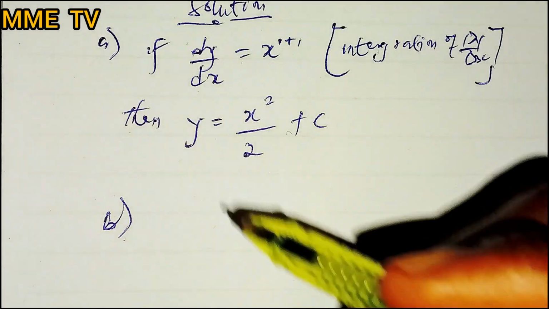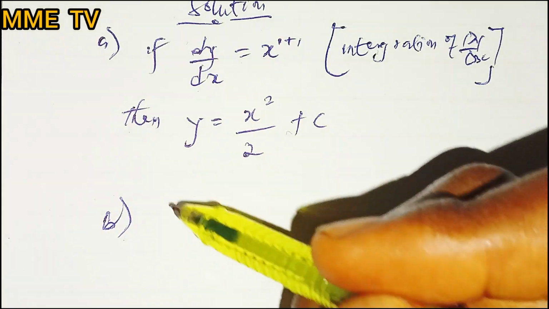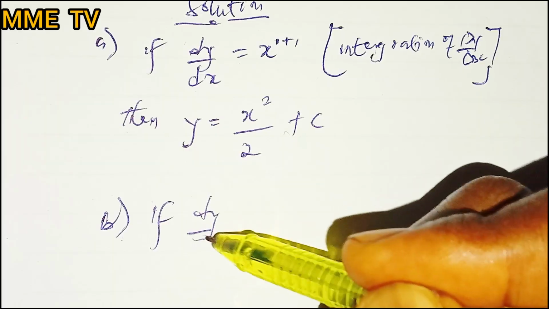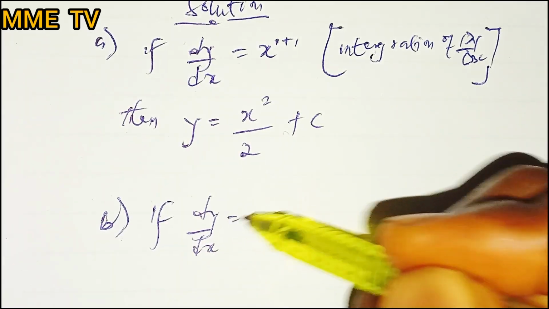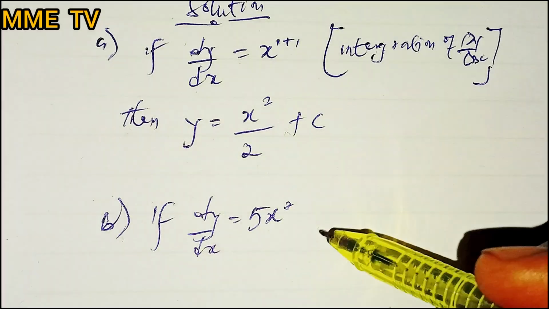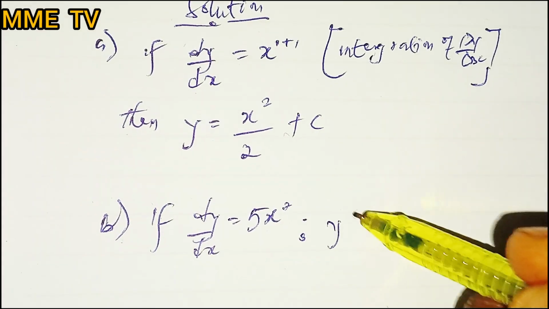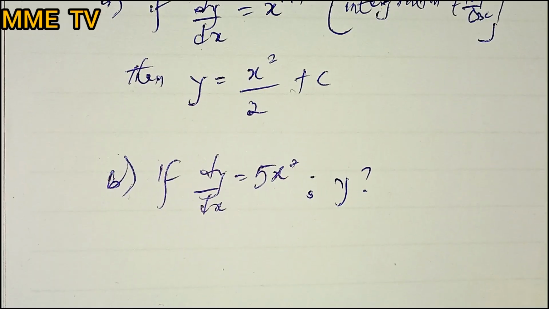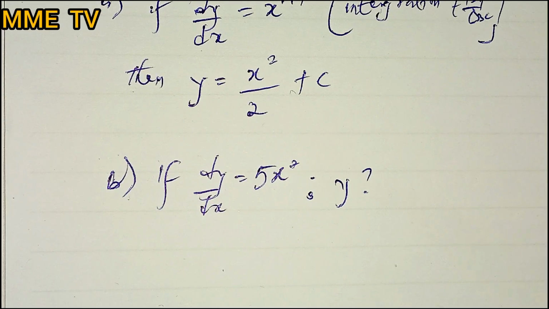Now, if I'm going to push on to solving number B, remember that what we were asked here is that if dy/dx is equal to 5x raised to the power of 2, what is going to be our y? That is the question asked, right? So what to do here is very simple.